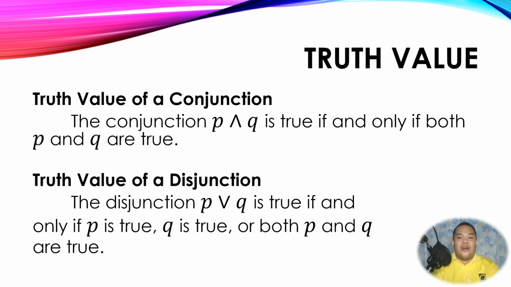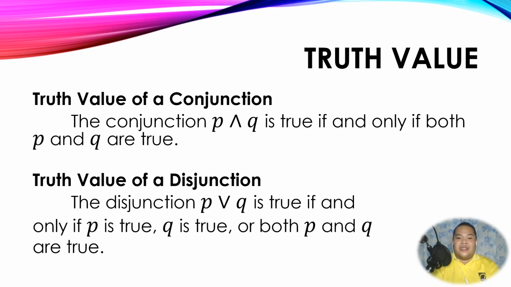Truth value of a conjunction. The conjunction P and Q is true if and only if P and Q are true. Truth value of a disjunction. The disjunction P or Q is true if and only if P is true, Q is true, or both P and Q are true.